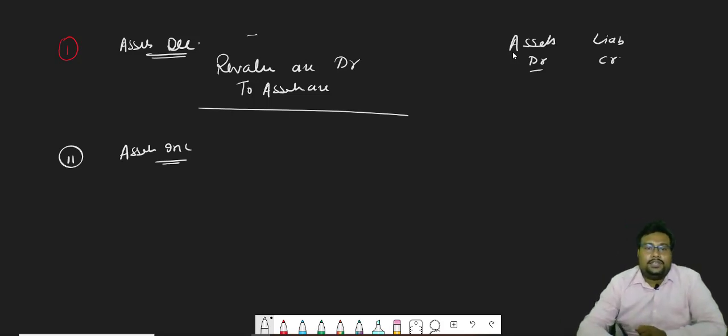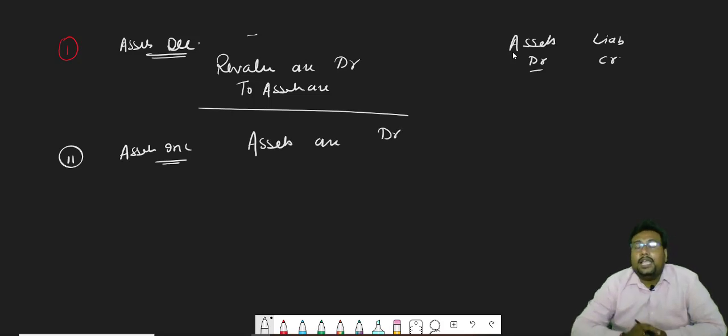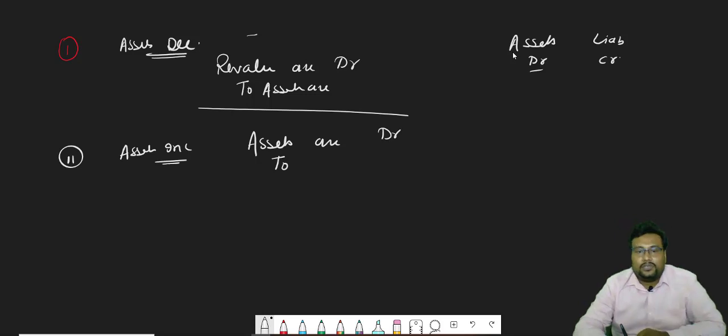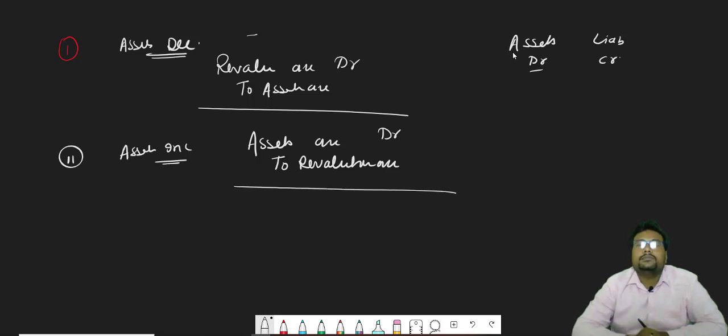That's why the entry will be assets account debit. And when assets increase, we have a profit. And when profit, revaluation will be credited because all the profits and gains are credited. So it will be recorded to revaluation account. Okay.